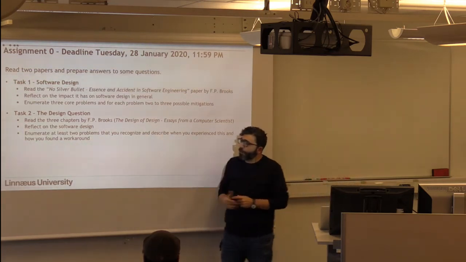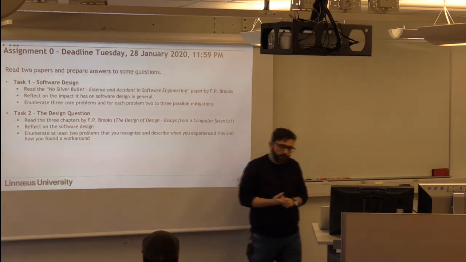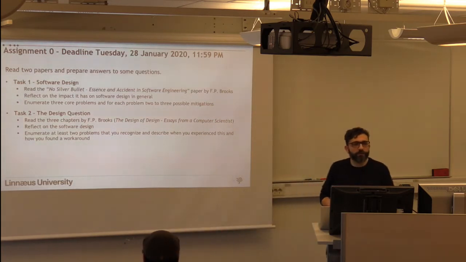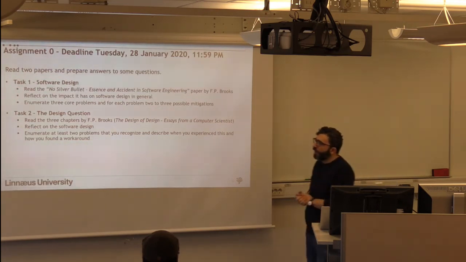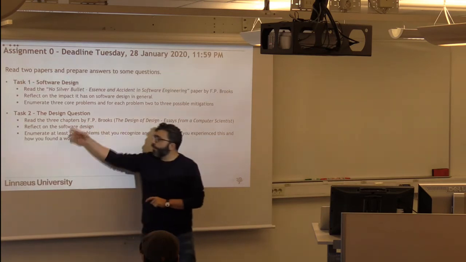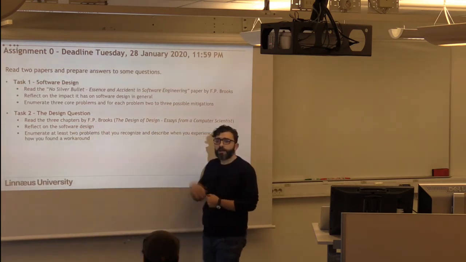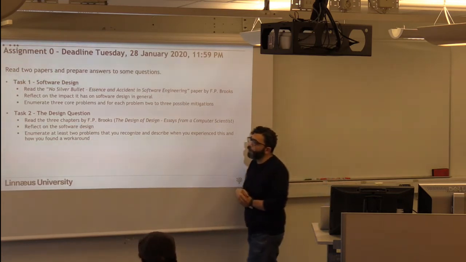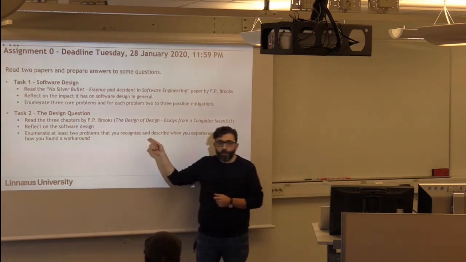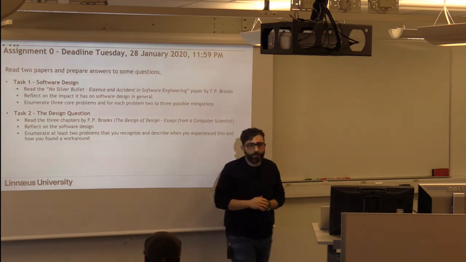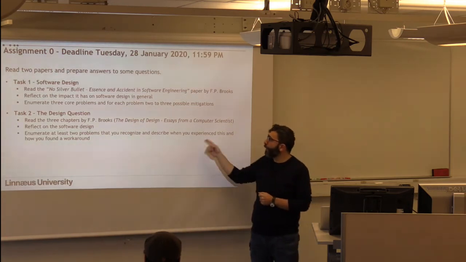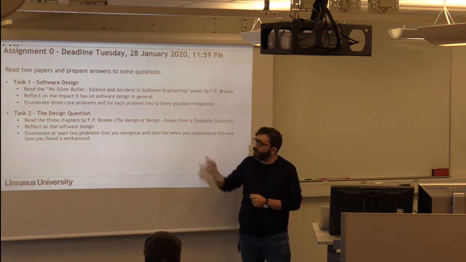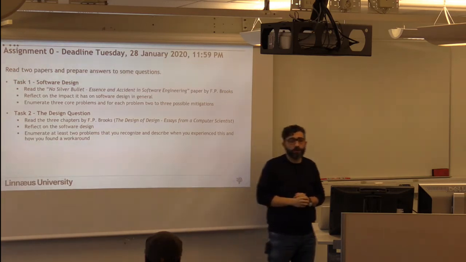Then read these three chapters. I mean, it's very short chapters. You don't have to read 100 pages. It's about 30 pages, no more. Reflect on the software design, okay, as it is described in the three chapters, and then enumerate at least 2 problems that you recognize, okay, and describe when you experienced these and how you found a workaround.